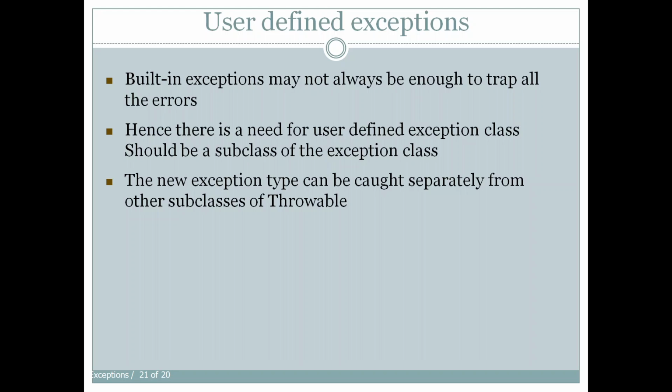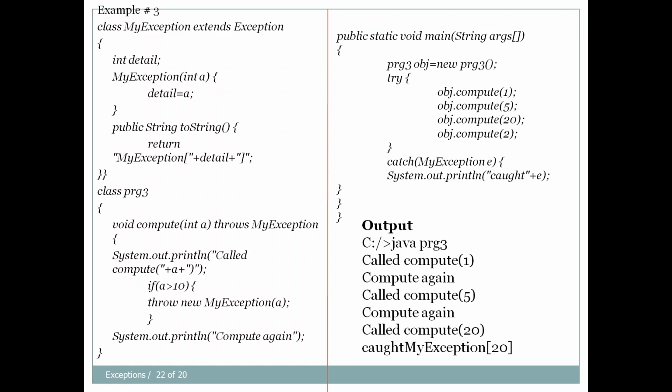Okay, let us see one example program on how to define a user defined exception. Okay, look at this program. This program is used to create a user defined exception.